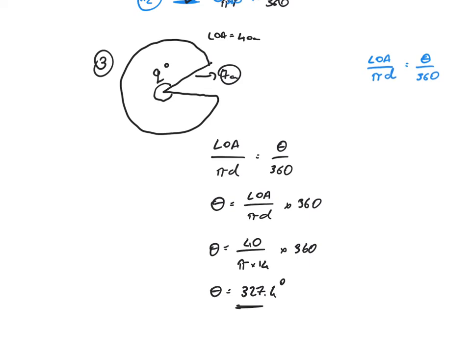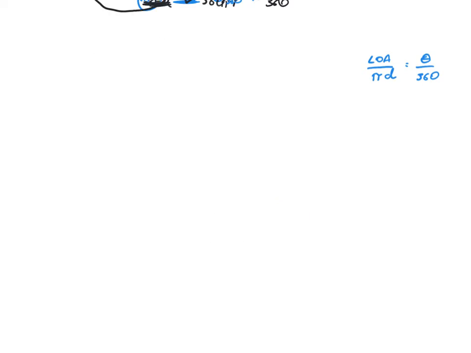327.4 degrees. Now, one broader point to make is that when we've been given the area of the sector and we're looking for the angle, we've seen from the previous video that we can use area over pi r squared equals theta over 360.